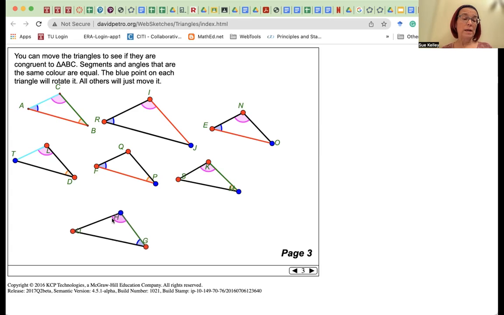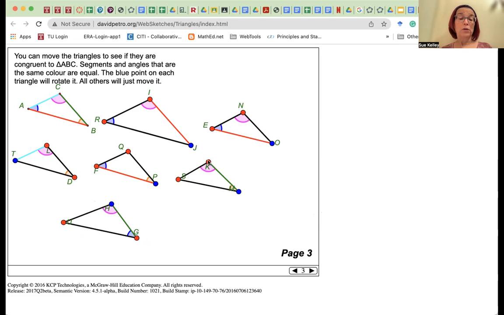Let's look at this one. We have two angles, but there is no congruence for just having two angles, because the sides could be any length. So this triangle would not be congruent to ABC.